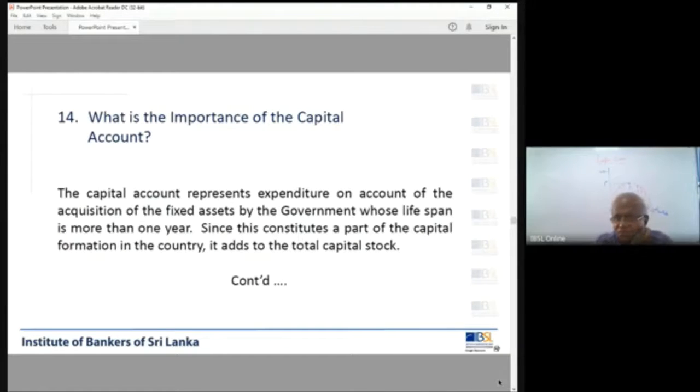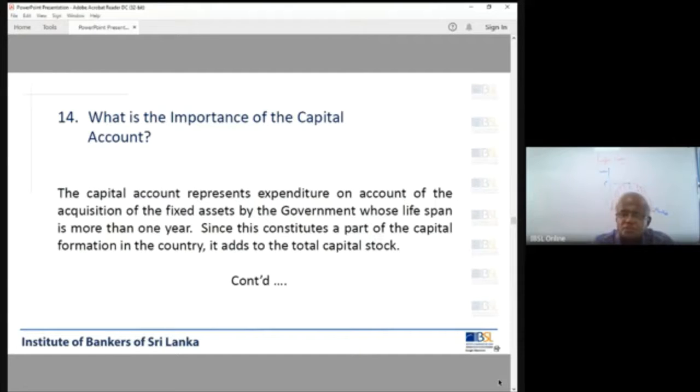What is the importance of the capital account? Capital account means investment, government investment. The capital account represents expenditure on account of the acquisition of fixed assets by the government whose lifespan is more than 1 year. Less than 1 year is current, more than 1 year is capital.